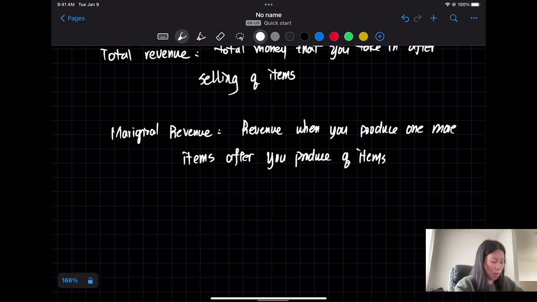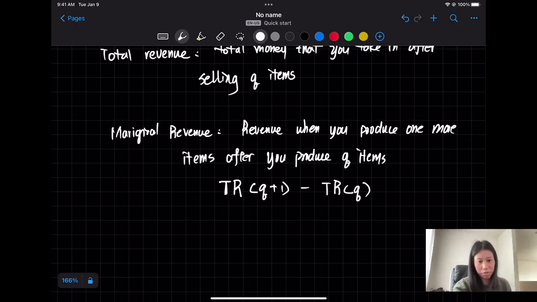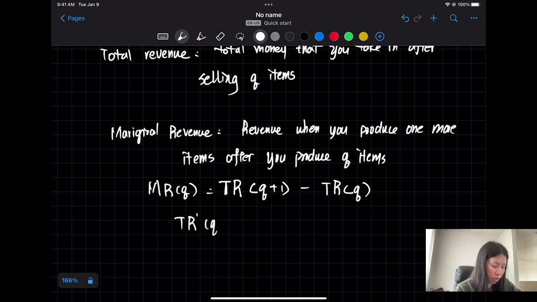So it should be the total revenue of Q plus 1 items minus the total revenue of Q items. So this is going to be your marginal revenue at Q items. Also, you can interpret this as the derivative of total revenue at Q items.